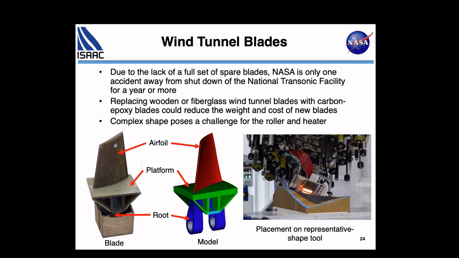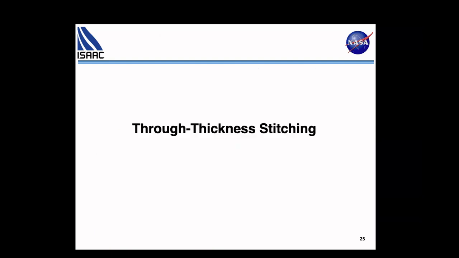We had a little bit of money one year to actually try doing some of that, and that's what you see here. This blade is a representative shape from an Ames wind tunnel blade, where we were trying to work out some of the features that would be needed for an NTF blade. And I brought the part that you see there over, so if you want to come look at it after we get done, you can do that.